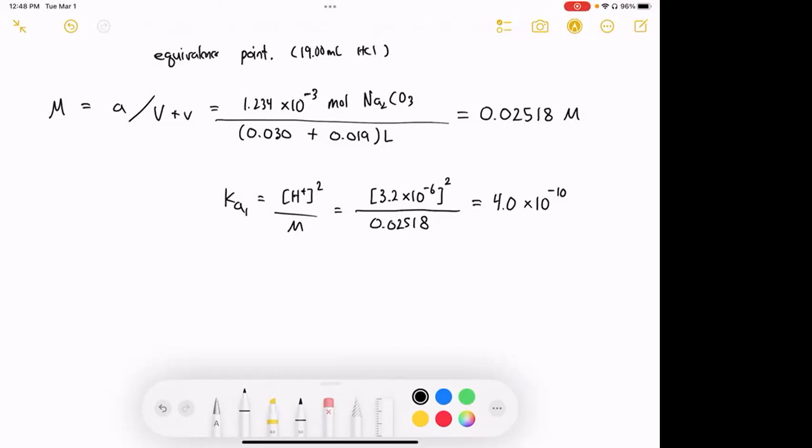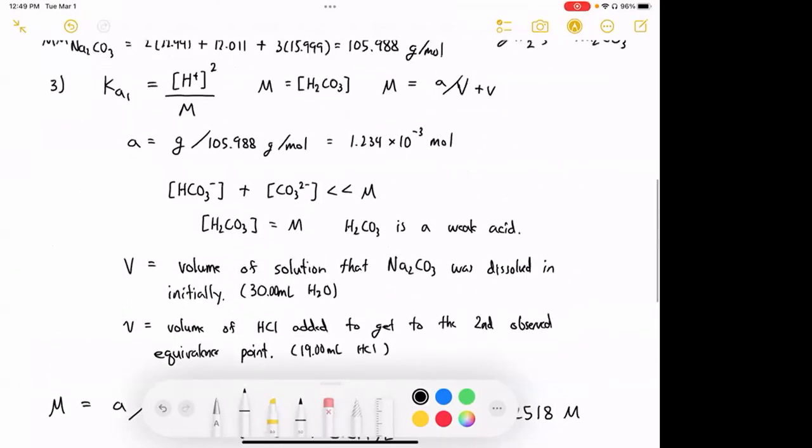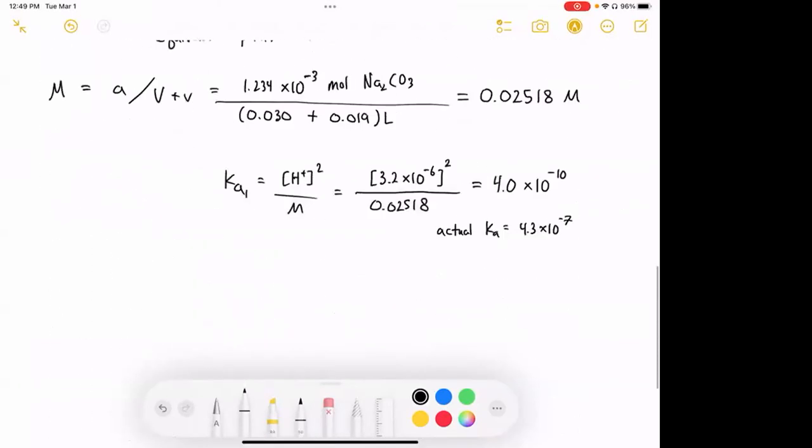The actual Ka for the first one equals 4.3 times 10 to the negative 7. So not too bad, but still almost 3 factors off. That's the limit to my calculations here based on made up data.